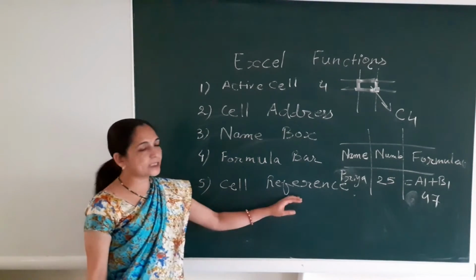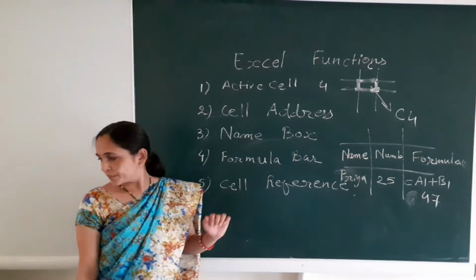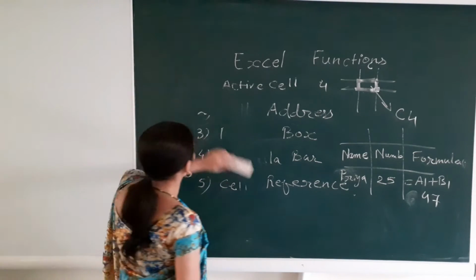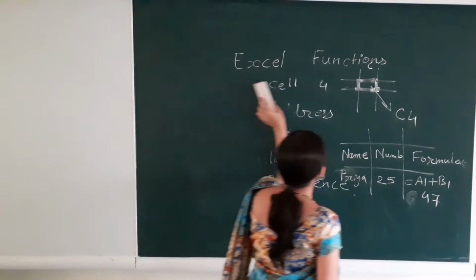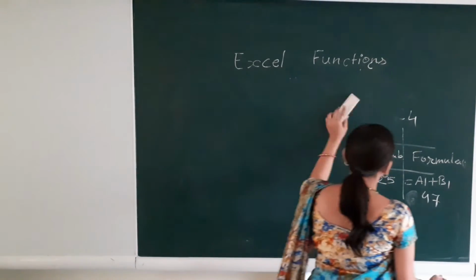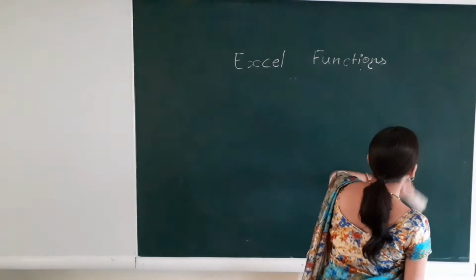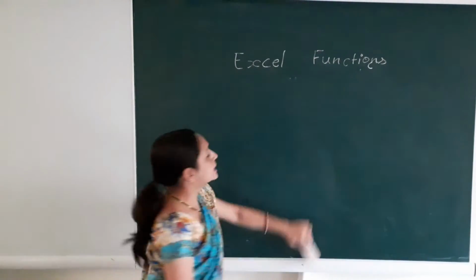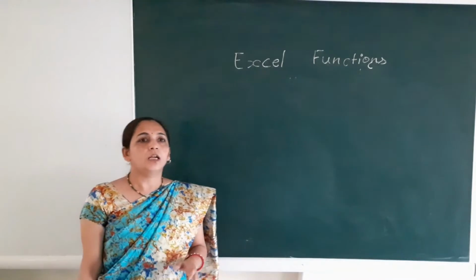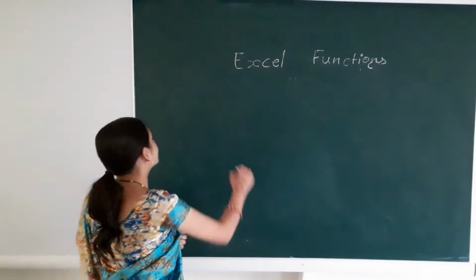Clear? Now next is cell reference. Cell reference is basically a format of writing the formula. It is of three types.